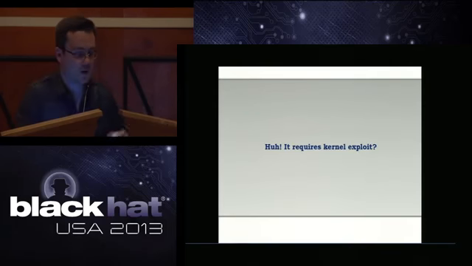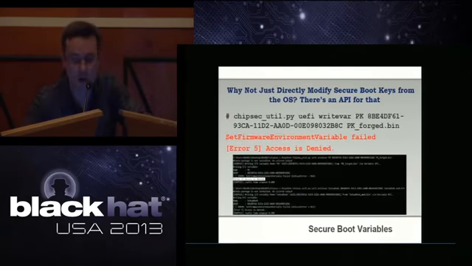So that exploit that we showed requires a kernel mode exploit. Obviously it's important. You got persistence, you compromised everything below the OS, including any security solution below the OS. But still, it's a kernel exploit. It's not that interesting. So why not go and, from user mode, modify one of the keys used for secure boot?